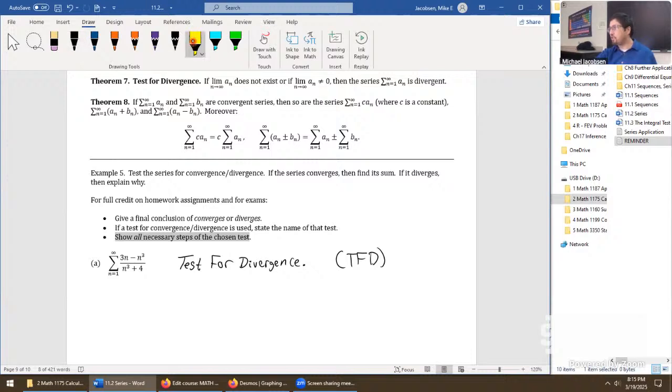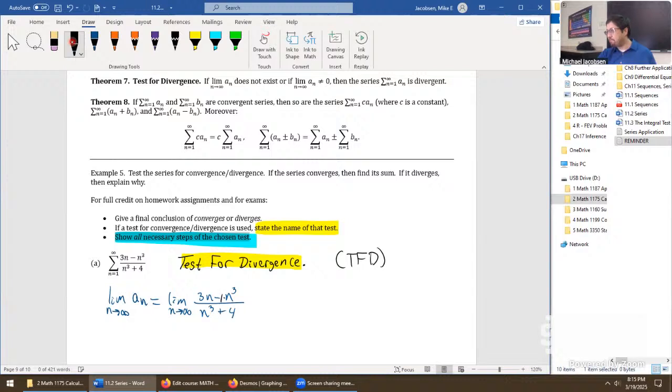Actually, let's color code this just a little bit. We stated the name for the test right here. Showing all necessary steps of the test looks like this. Limit as n goes to infinity of a_n becomes limit as n goes to infinity of 3n minus n cubed plus 4.